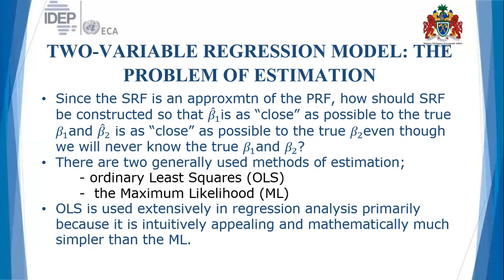However, between the two, it is the OLS, the ordinary least squares method, that is extensively used in regression analysis, basically because it is intuitively appealing and mathematically much simpler than the maximum likelihood. So in our discussion, we'll mainly focus on the ordinary least squares method.